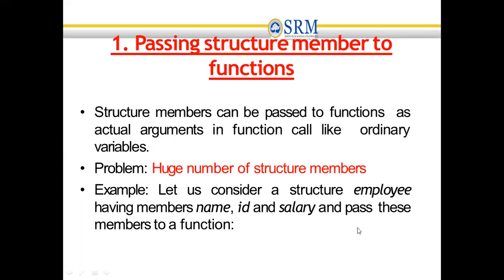So let us consider an example called employee structure in which the members are name, ID, and salary. Let's see what happens if you have to pass a particular member to a function.